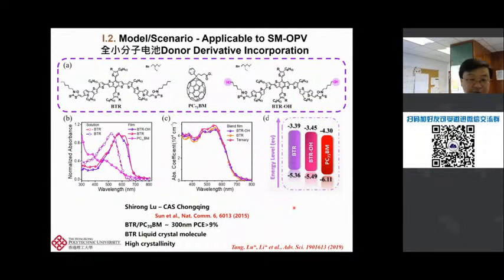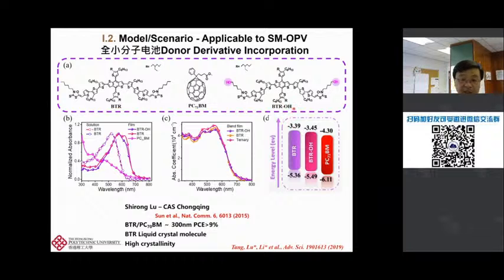So that's before I came to Hong Kong. After coming to Hong Kong, we continued the research to see how we can optimize morphology for multiple component solar cells. Here is one where we changed to all small molecules.